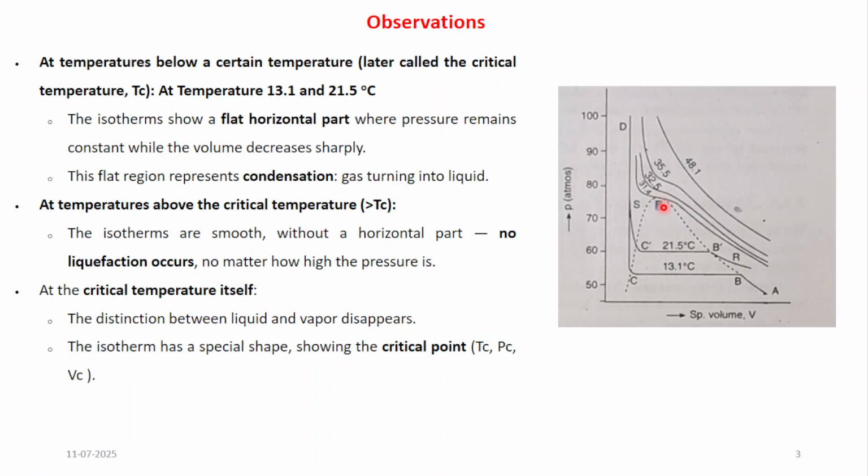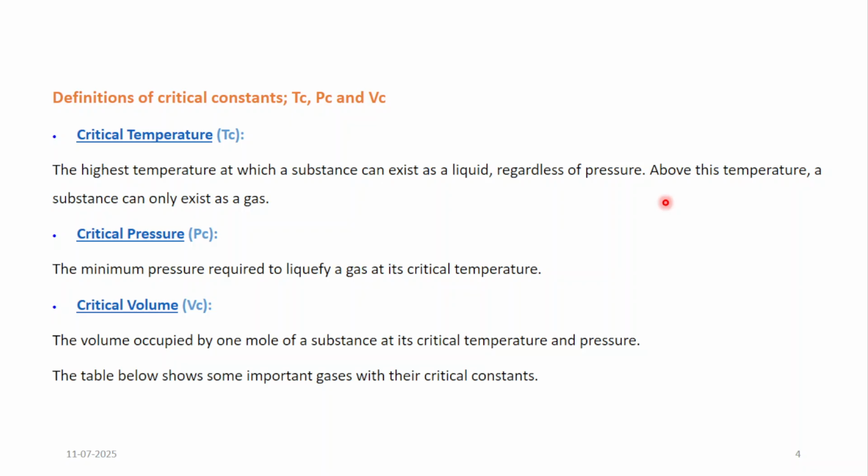The pressure measured at this particular temperature is specific, and this is called critical pressure. The volume of the gas occupied at the critical temperature and pressure is called critical volume. So these are the critical constants of any gas. They are Tc, Pc and Vc. Tc is critical temperature, Pc is critical pressure and Vc is critical volume.